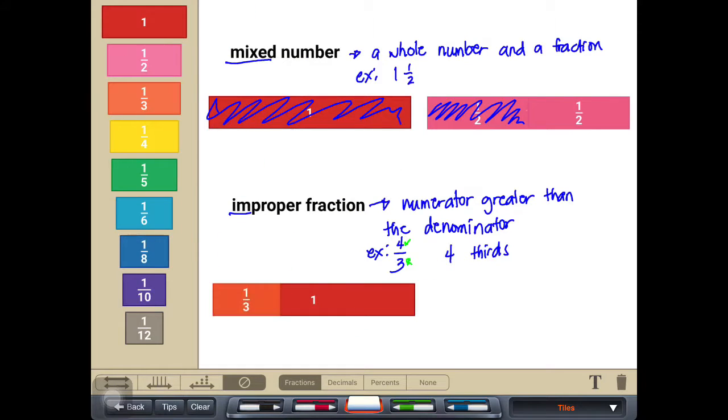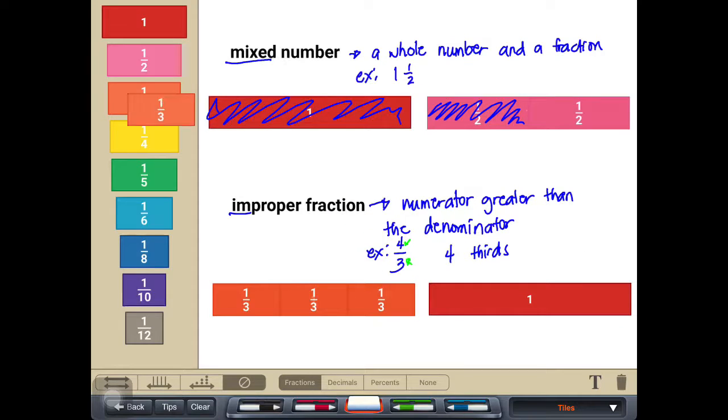That's 1/3, 2/3, 3/3. I need one more third. So I have to shade this one. So that's 1, 2, 3, 4/3. So those are mixed numbers and improper fractions.